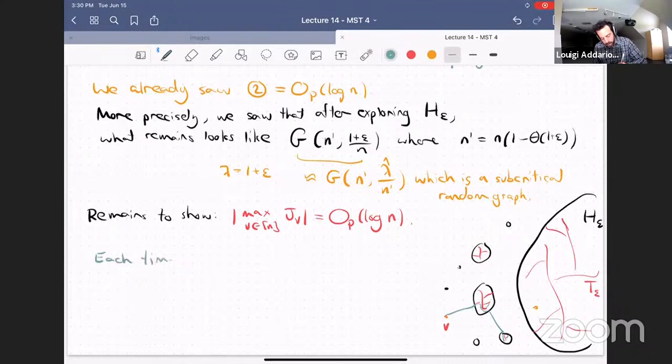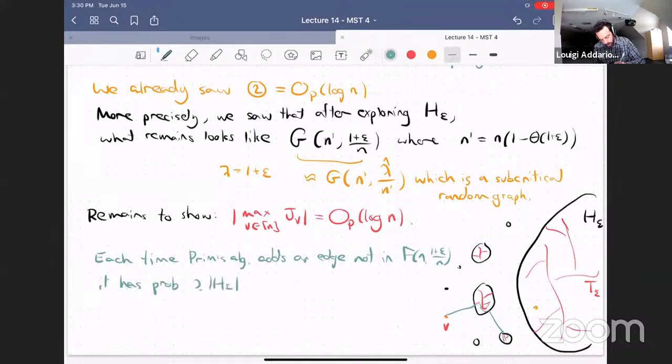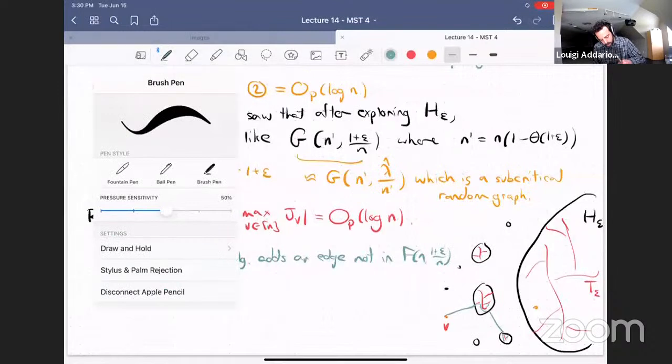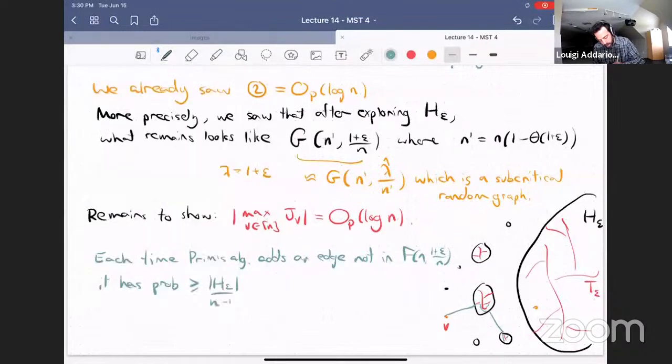So each time Prim's algorithm adds an edge not in F_n(1 plus epsilon on n), it has probability at least H epsilon over n minus 1 of connecting to T epsilon, if it hasn't already.